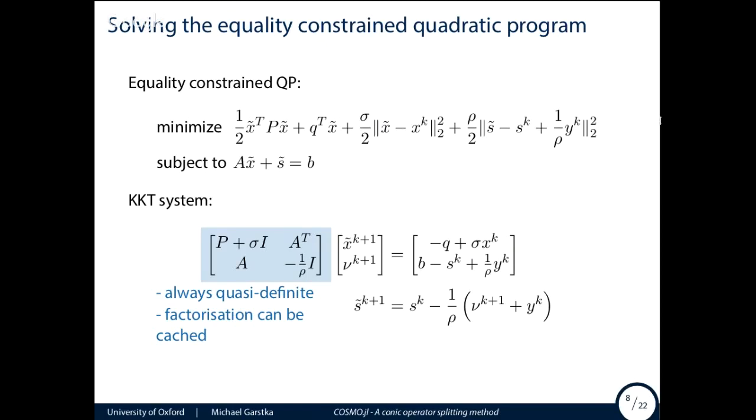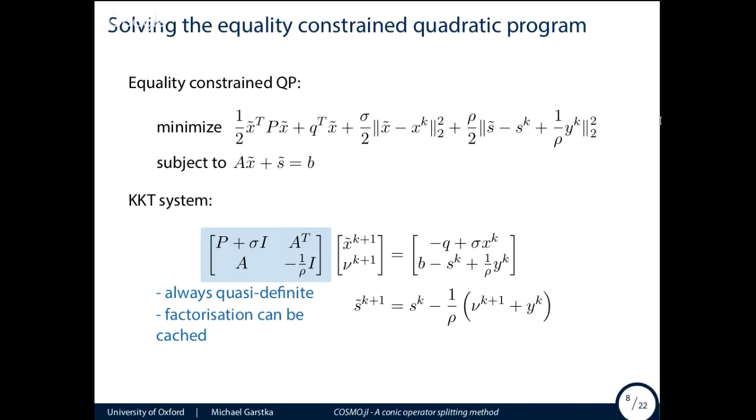And that has some nice properties. So one property is that it's only dependent on the problem data. So P and A are the matrices from the problem. And sigma and rho are just parameters of the ADMM algorithm. So this left-hand side never changes. And that means you can just factor it once. And then at each step, you just evaluate different right-hand sides.